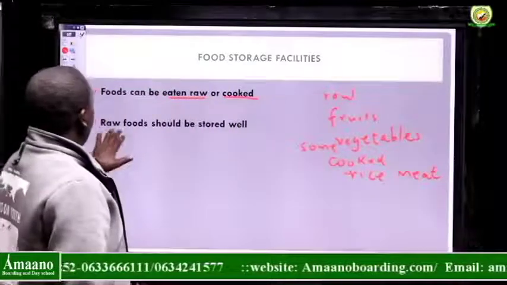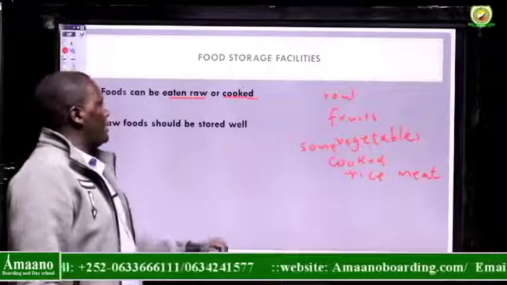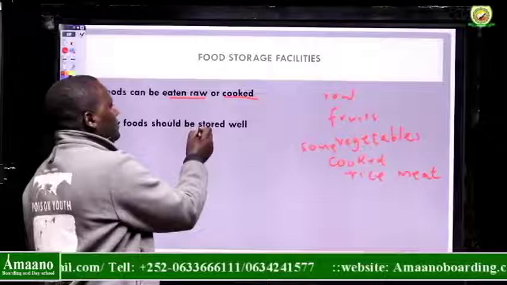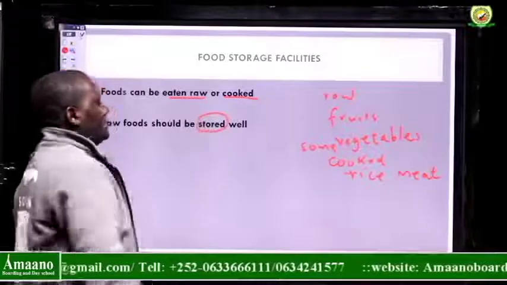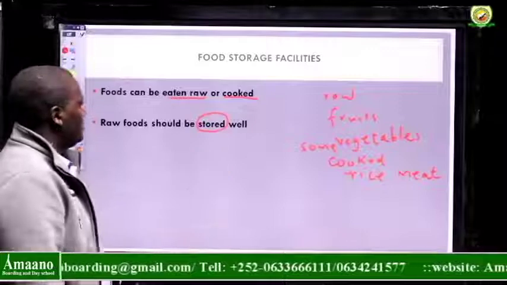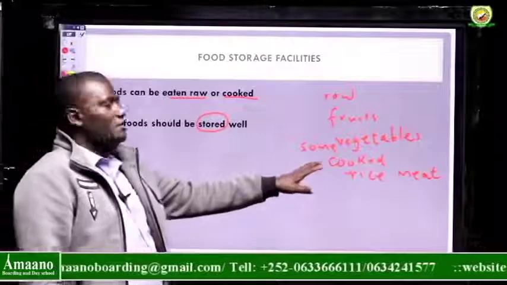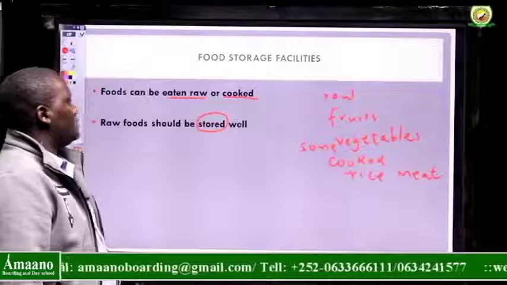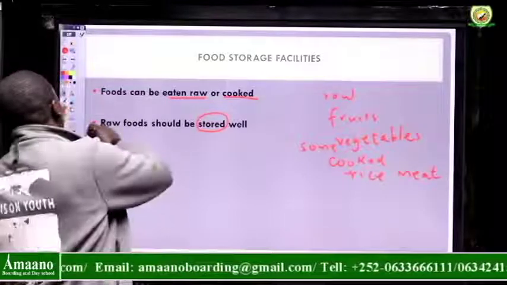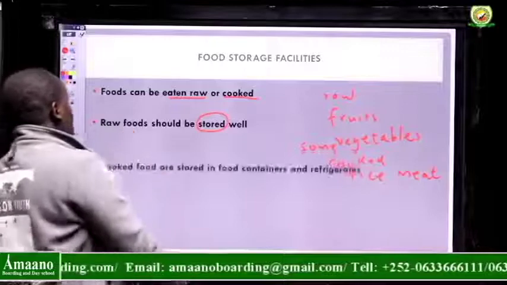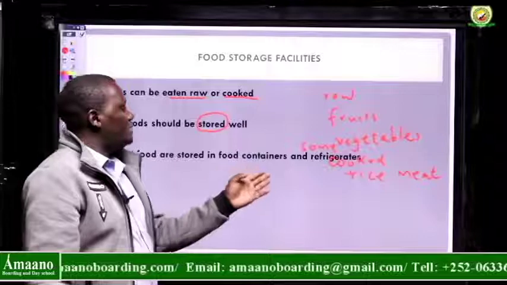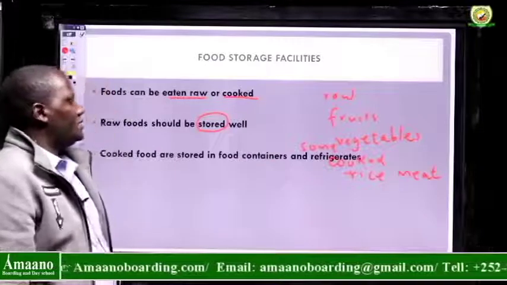Next part is that raw foods should be stored well, not cooked, but stored well. Especially the fruits, as I told you, and vegetables like onions. They should be stored well so that they don't get spoiled faster. Then the next part is that cooked food is stored in food containers and refrigerators.